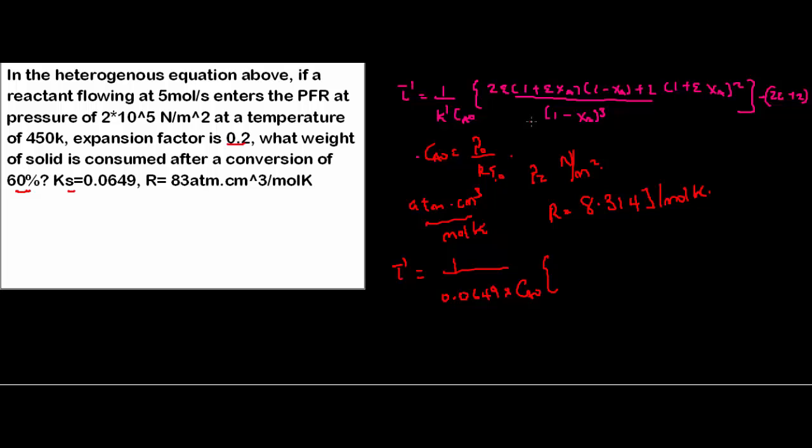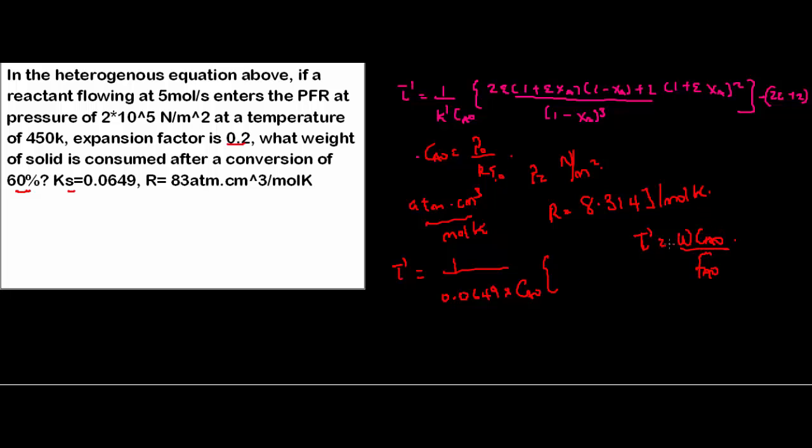And we were asked to find the weight. To find the weight is quite easy. I can just say that tau prime is equal to W CA naught over FA naught. After getting your tau prime, you have FA naught, you have CA naught.